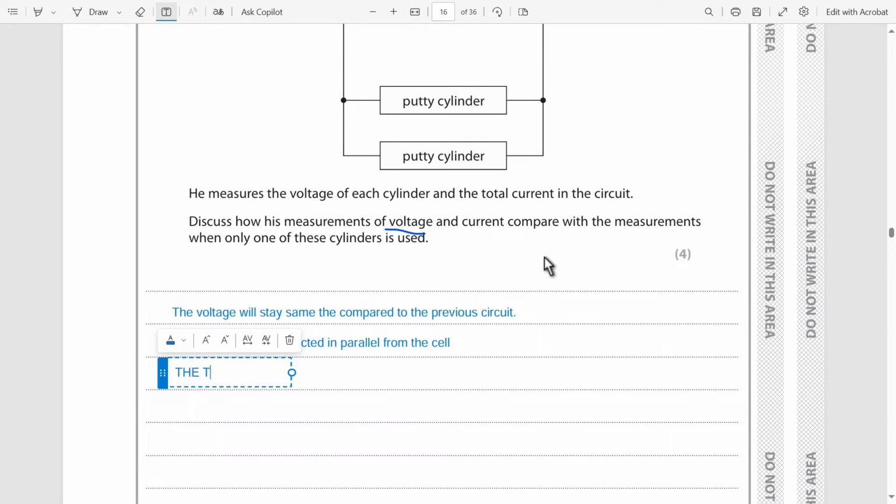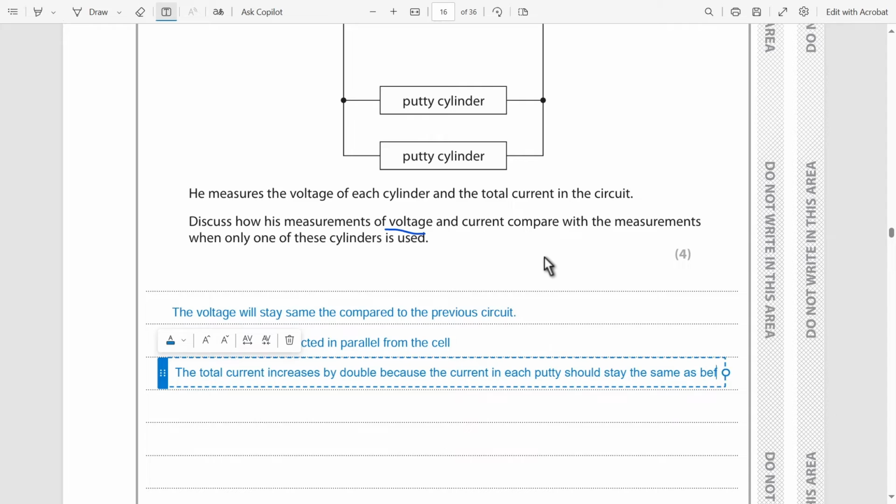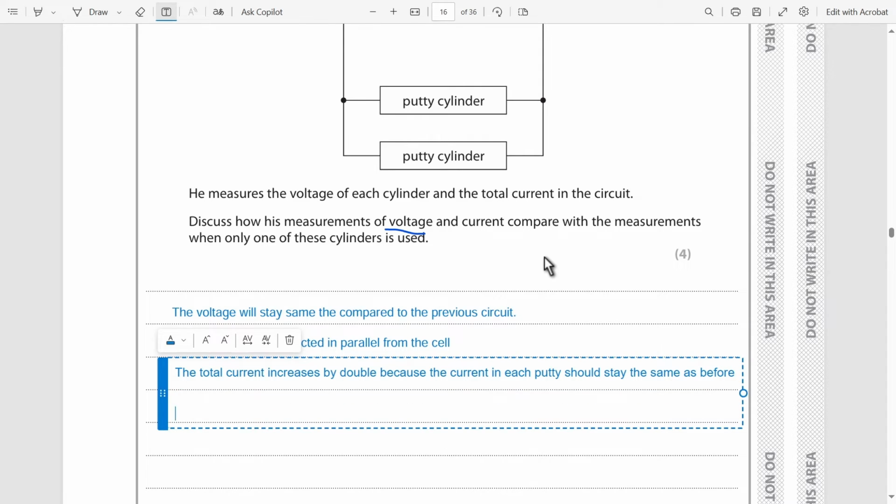The total current increases by double because the current in each putty should stay the same as before, because they are the same component, guys.